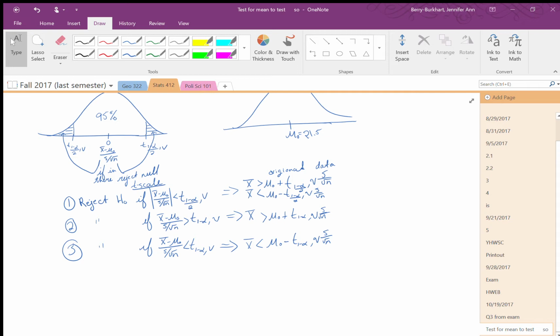If you're building an engine, the circumference of the piston head has to be so much. If they send you all these parts and you look at them and go, that's about right, okay.